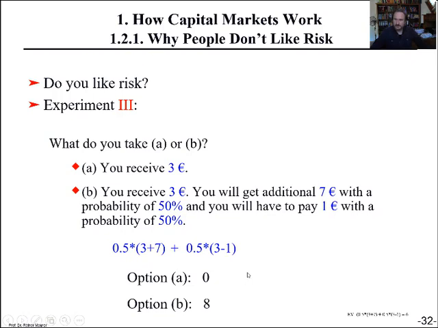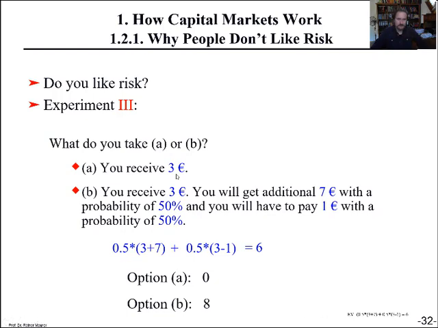And the result of this is now 6. So €6 is the expectation value of the uncertain option. On average, you will gain if you select option B compared to option A. However, if the unfortunate variant of option B realizes, you will receive only €2, which is less than the €3 of option A.